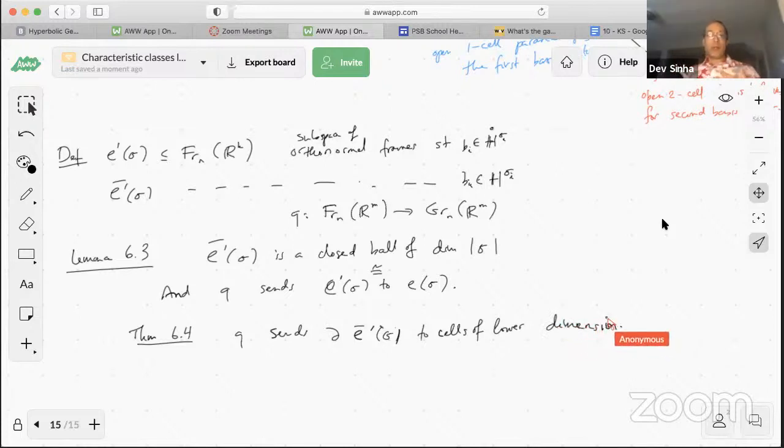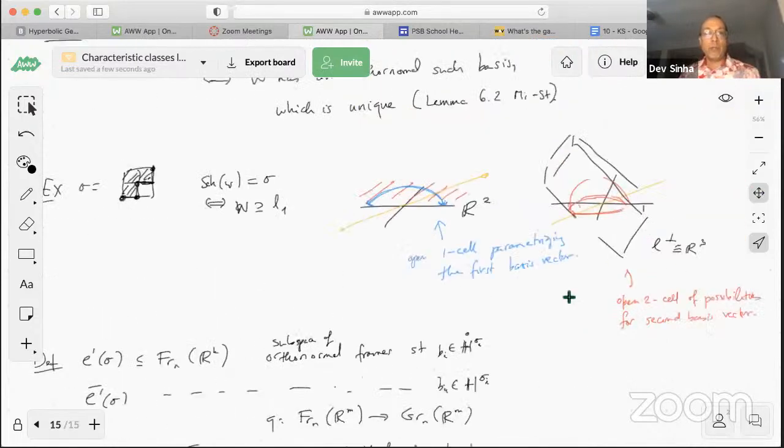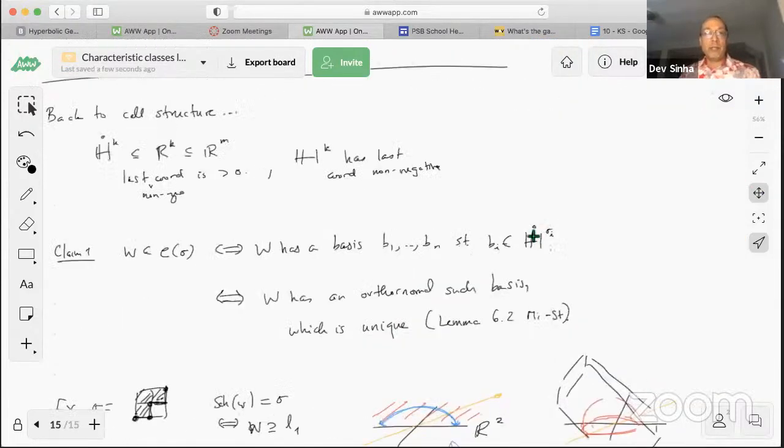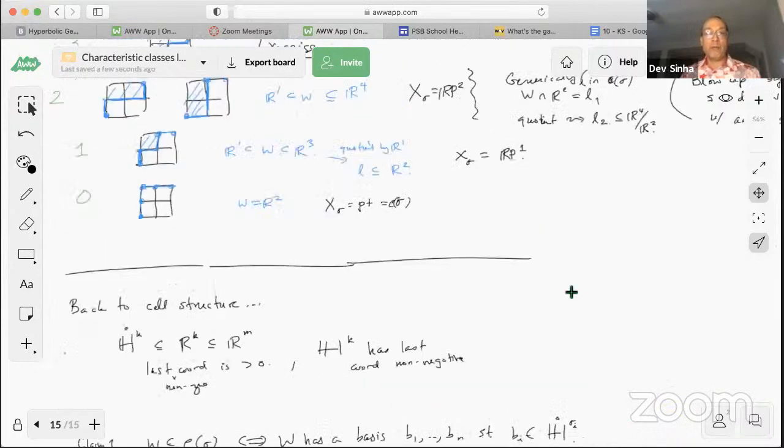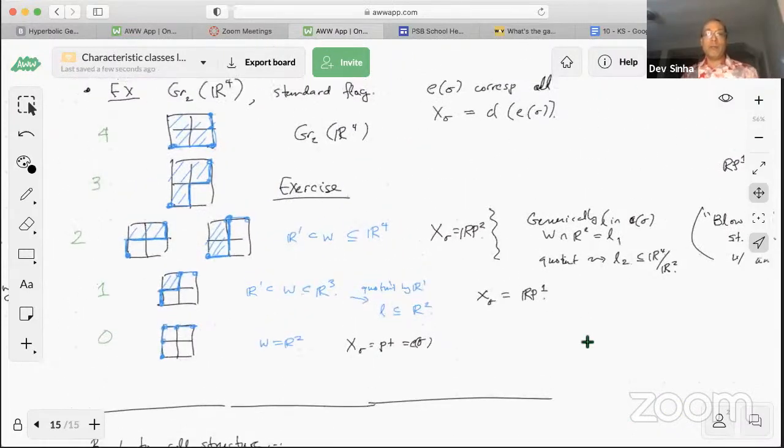There's plenty of work. I'm not going to go through all of it, but I think I've outlined it pretty well. At this point, I think it's just a bit of quiet study. If you want to understand the details, I would of course recommend going through what this looks like in our example of GR2 R4. We've got plenty of sigmas to look at here, plenty of cases of open cells.